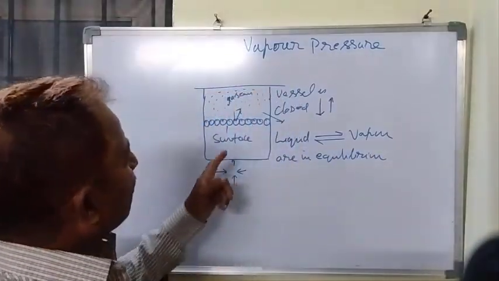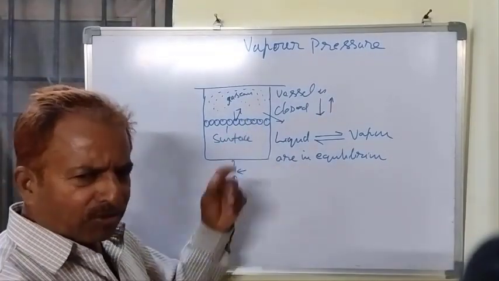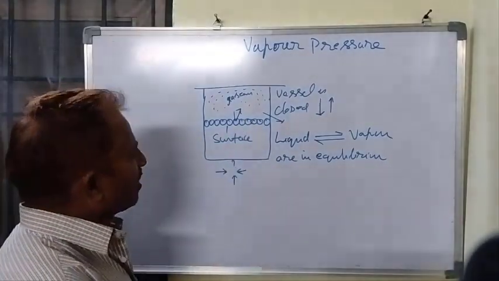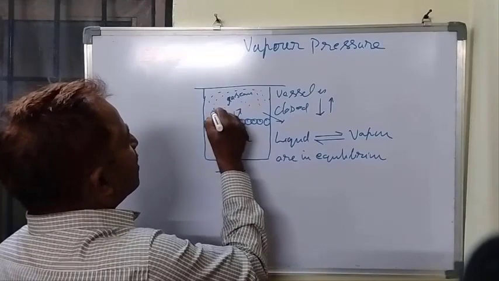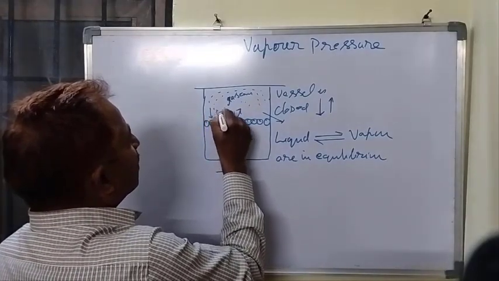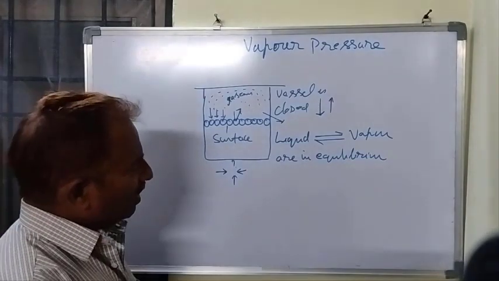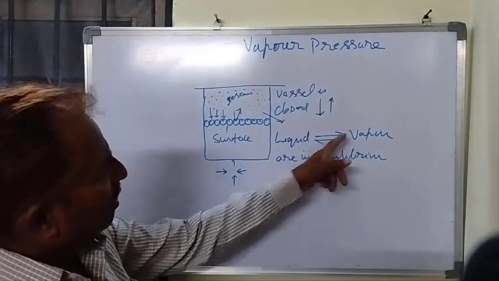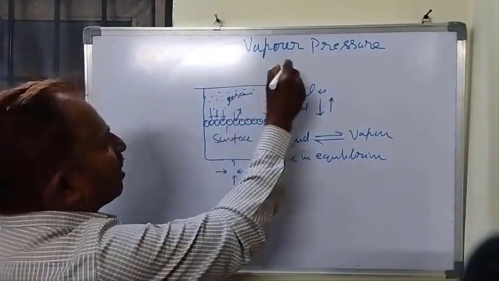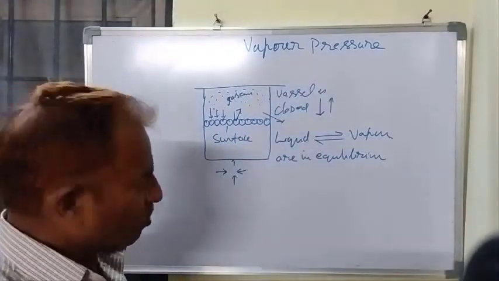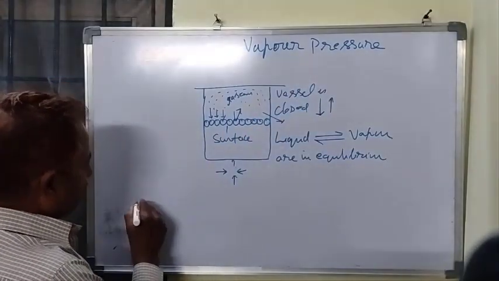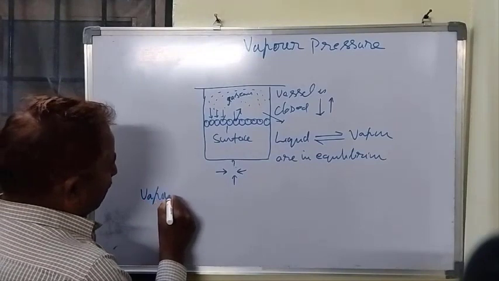Now, whenever the vapor starts entering into the space above the surface, they start exerting pressure. During the equilibrium, the pressure exerted by vapor is known as vapor pressure. So, how do we define vapor pressure?